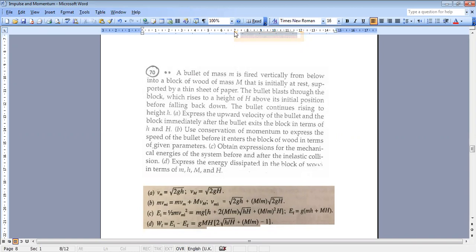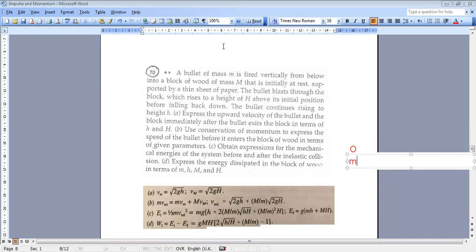I will repeat what we have here. First we have a bullet of mass small m that is fired vertically upward, so we give it a certain velocity.